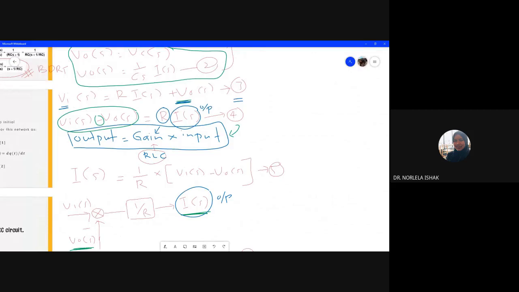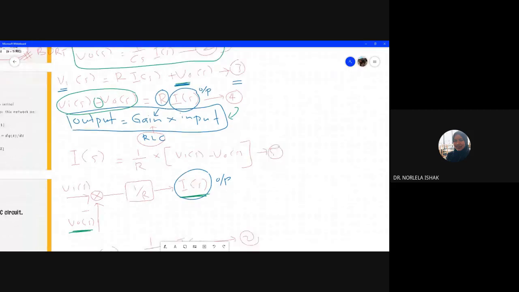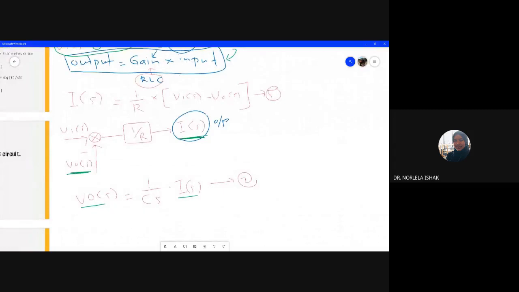Okay, and then we draw the block diagram. And then we come back to example. Equation number 2. To redraw equation number 2, you have to find out now what is our output and what is our input from equation number 2. Which one our input and which one our output and which one our gain?